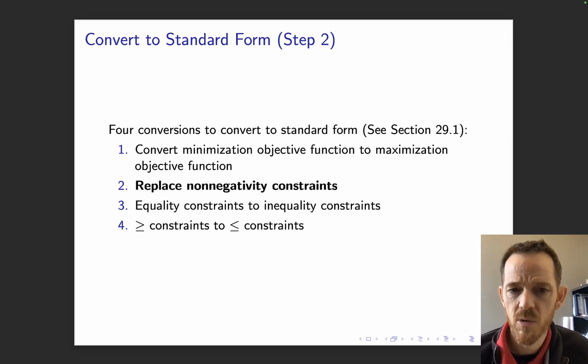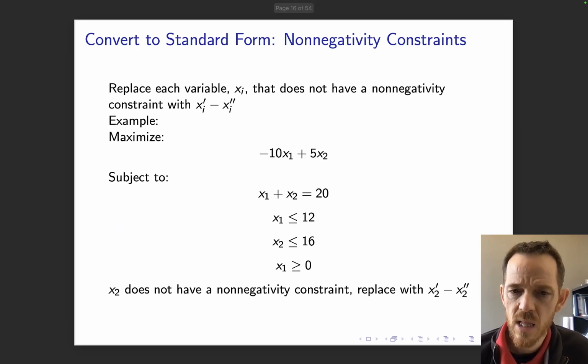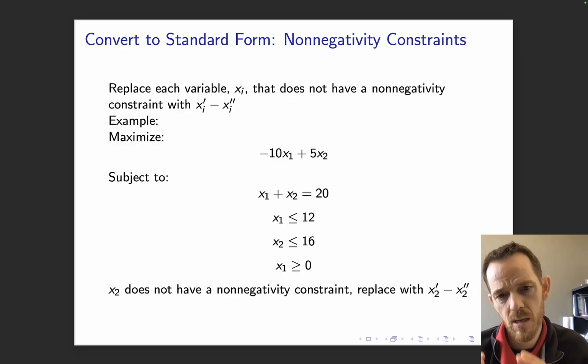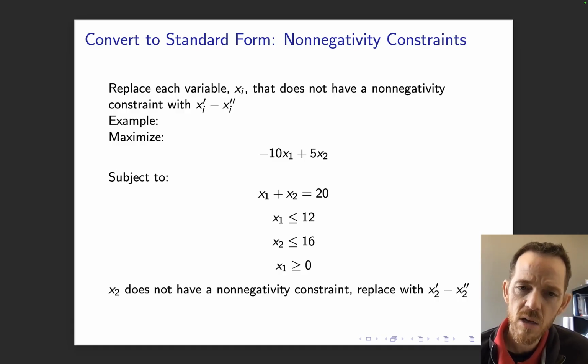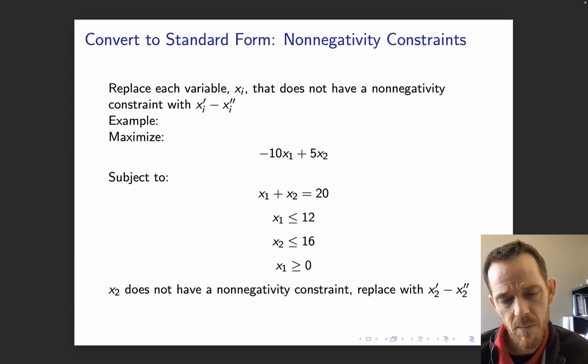Step two, replace non-negativity constraints. This one is a little less straightforward. So if we have our constraints, but not all of the variables have a non-negativity constraint, then what we do is we artificially introduce one by substituting all occurrences of that variable with two variables, and we typically do it with similar names just to keep track of it, but one minus the other.